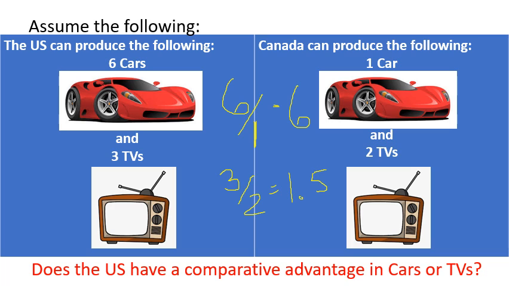That is where they are more efficient. That is where they should spend more of their time producing that item and then import the other item where they do not have a comparative advantage. It's better for the United States to use their resources to produce cars in this scenario than to produce televisions.